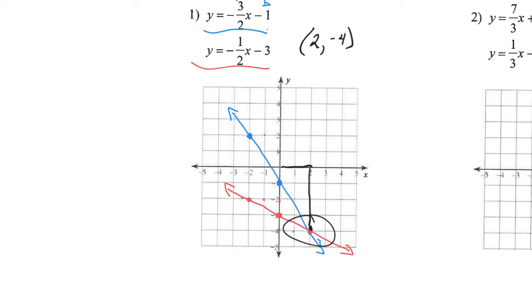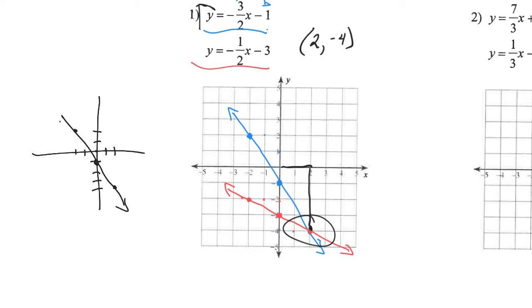Now, I had a good question about how to graph this without graph paper. If I was doing this on my own, just regular notebook paper, this is how I would do it. I would make an x and y axes, and then I'm going to graph the first one first and start at -1. I'm just going to put one mark for -1, put the dot, and then go down 3, 1, 2, 3, and then to the right 2, and then go up 3, 1, 2, 3, and to the left 2.